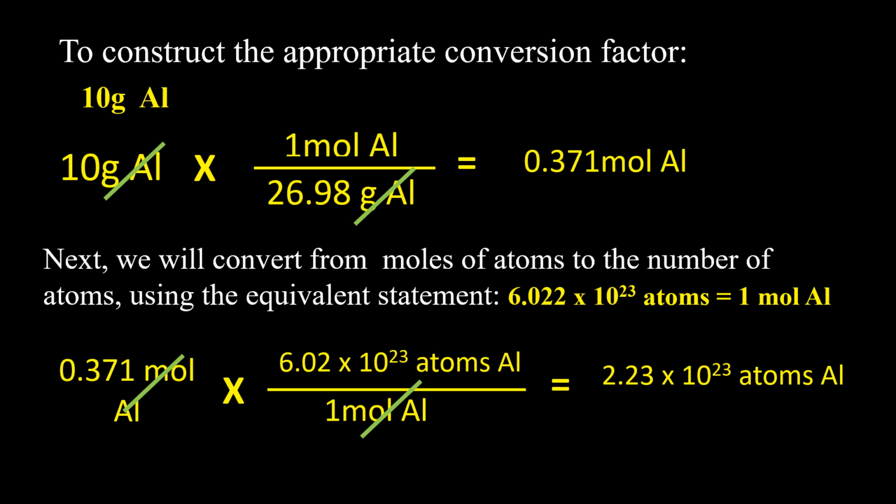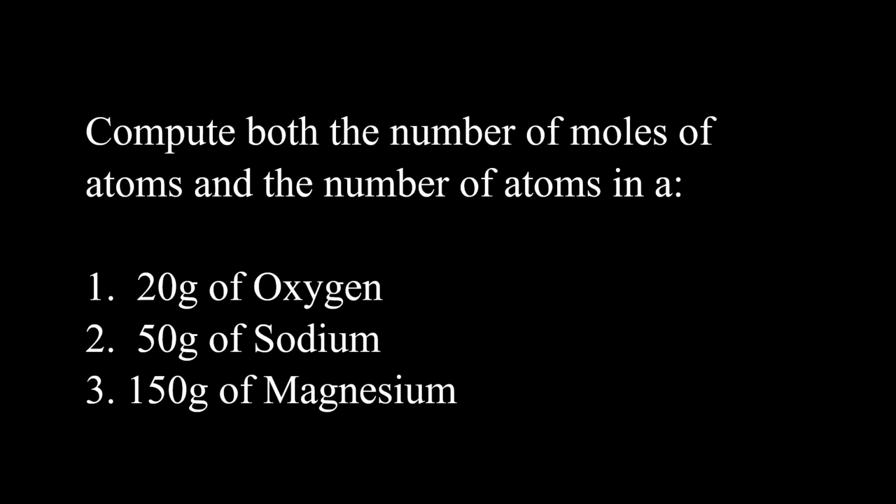So it is equal to 2.23 times 10 raised to 23 atoms. Okay, now where did you get the 26.98? This is the atomic mass of the element, and it can be seen in the periodic table of elements.